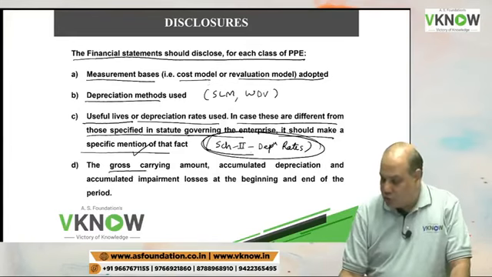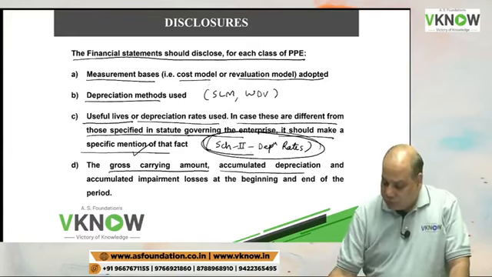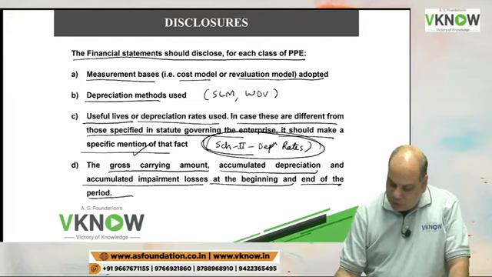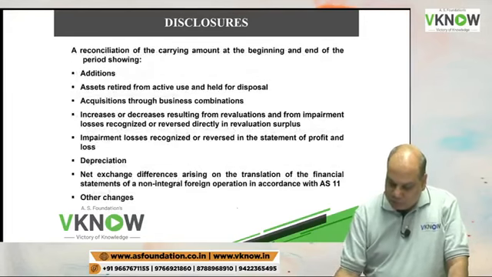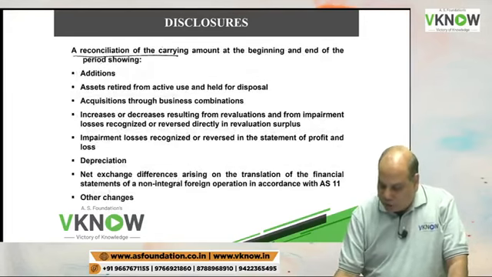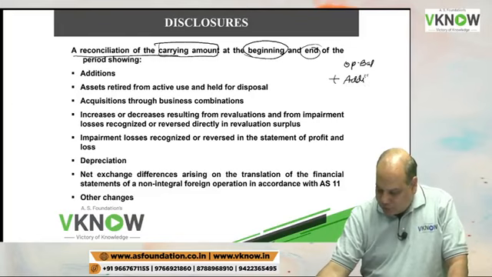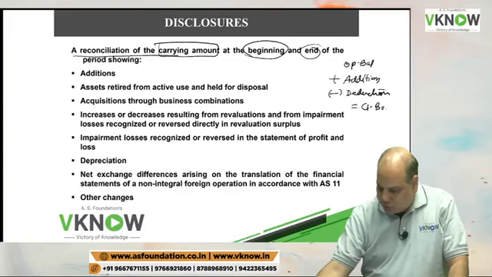Then you have to disclose the gross carrying amount, accumulated depreciation, accumulated impairment loss at the beginning and at the end of the period. And you have to give a reconciliation of carrying amount from the beginning till the end, which means you will take opening balance, all additions, deductions, and it should be equal to closing balance.